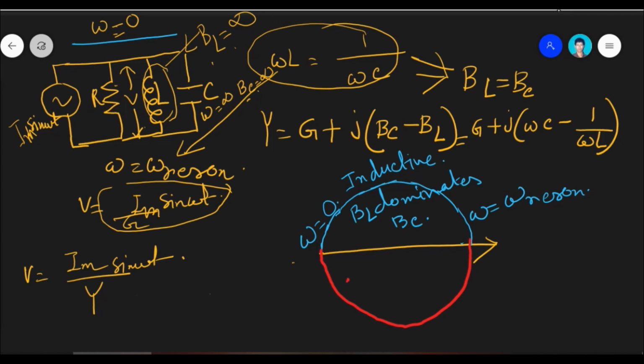Here it is capacitive, and here it is omega equal to infinity.